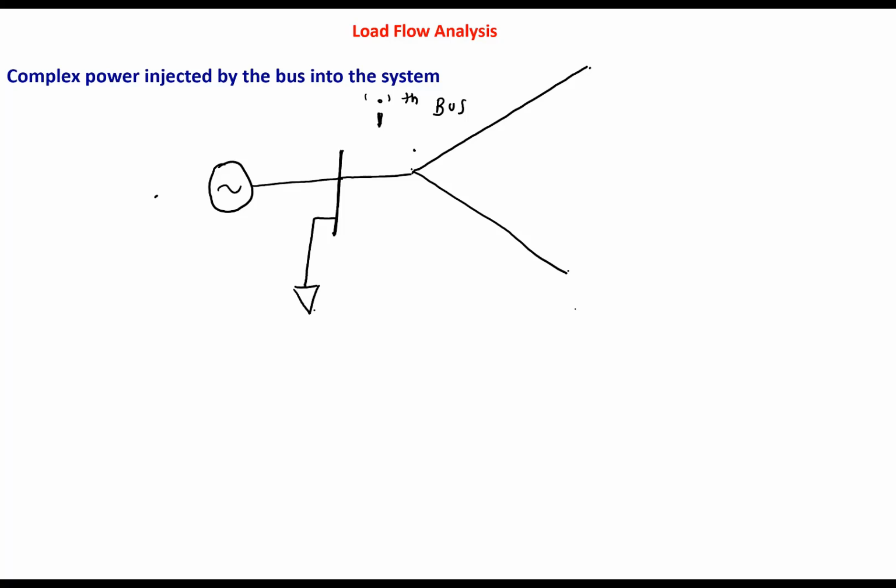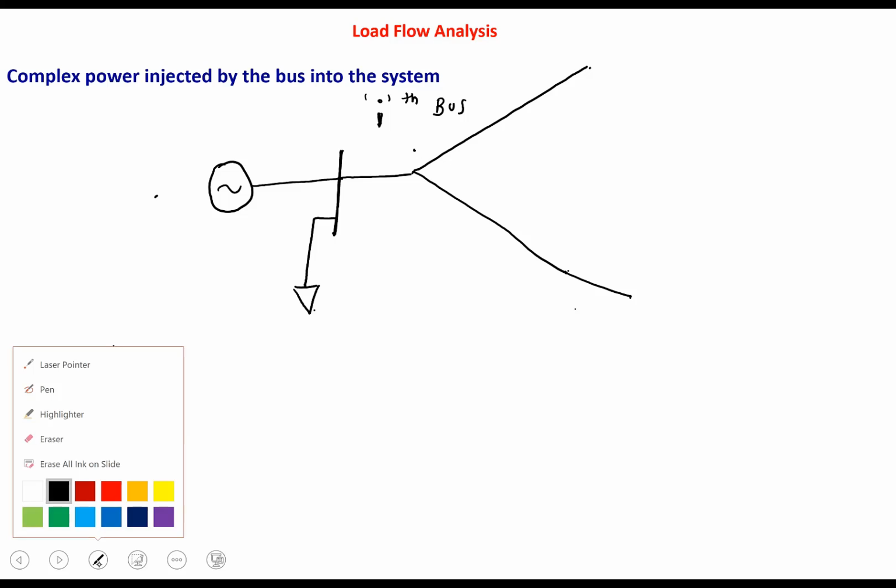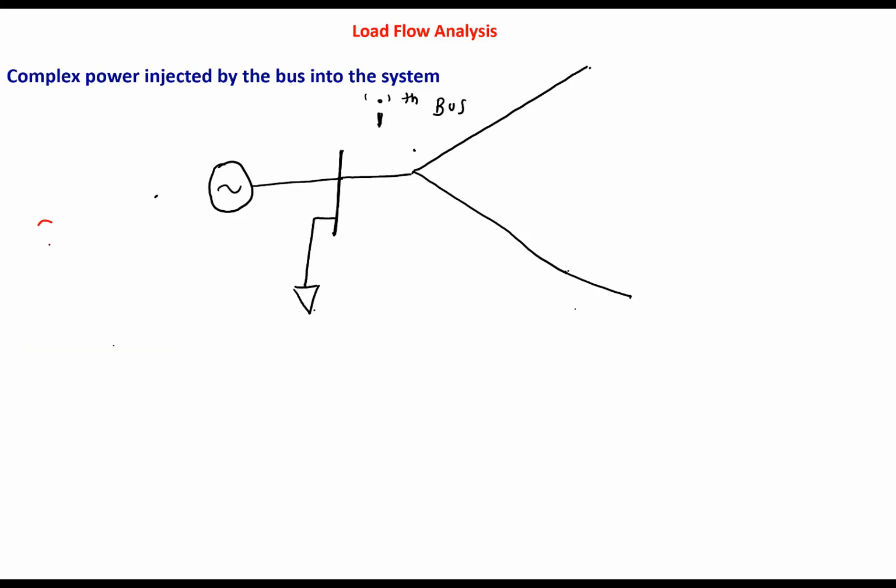So let us assume at this bus one generator is connected, one load is connected, and say two transmission lines are connected. Now SGi equals PGi plus jQGi.